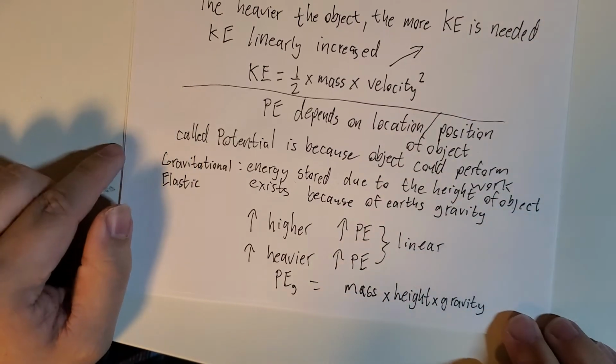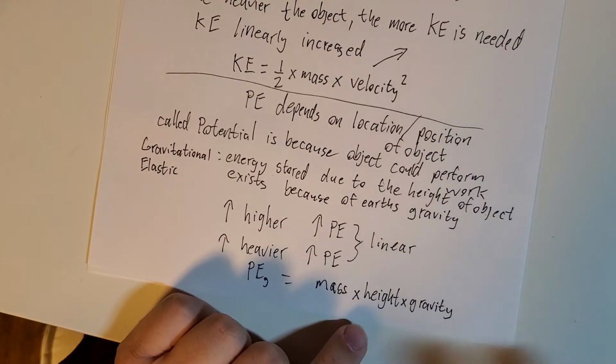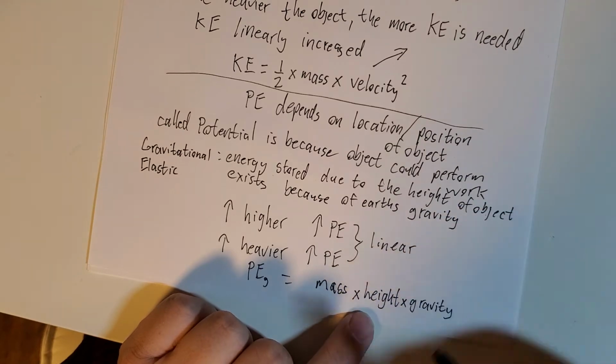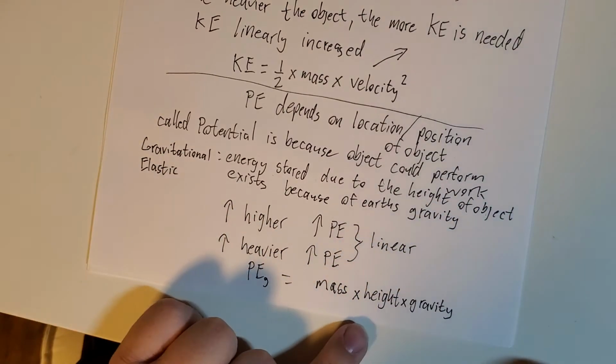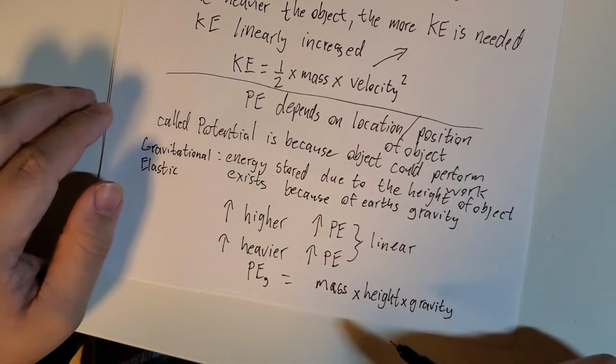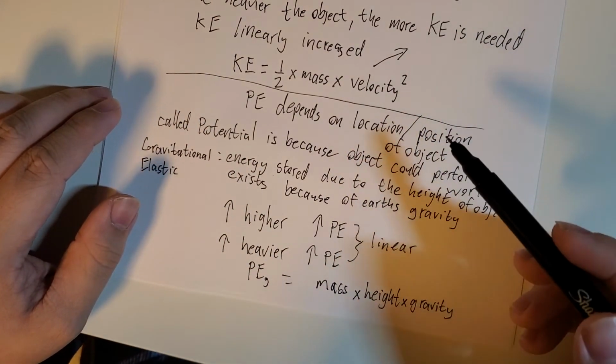Gravity has a specific number. We'll talk about that more later in another video, but it is all linear. If you increase mass by a little bit, it does have a proportional increase in potential energy. So it's a little different than the velocity from before.